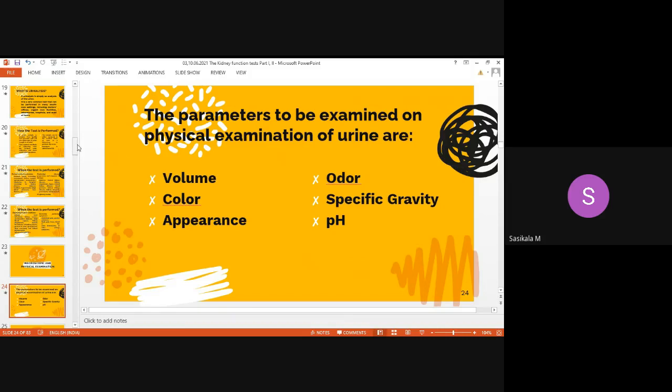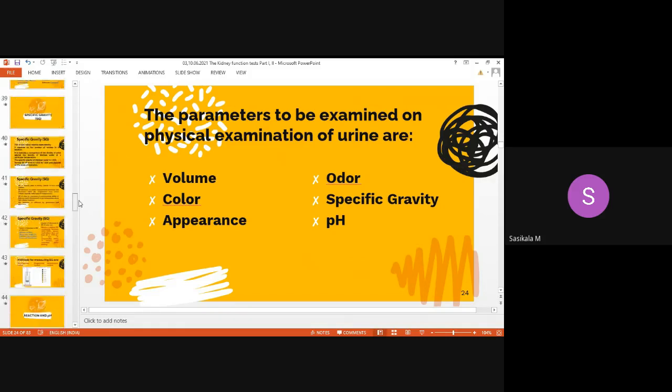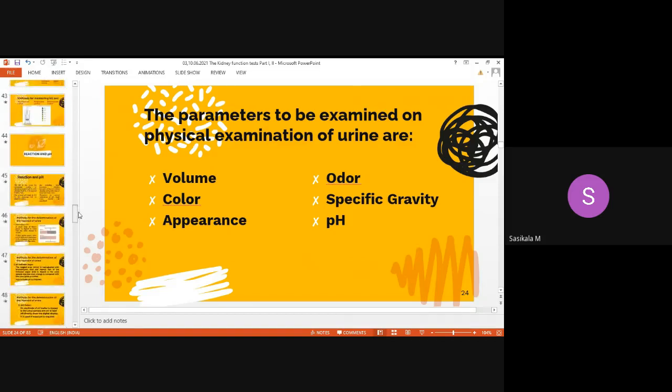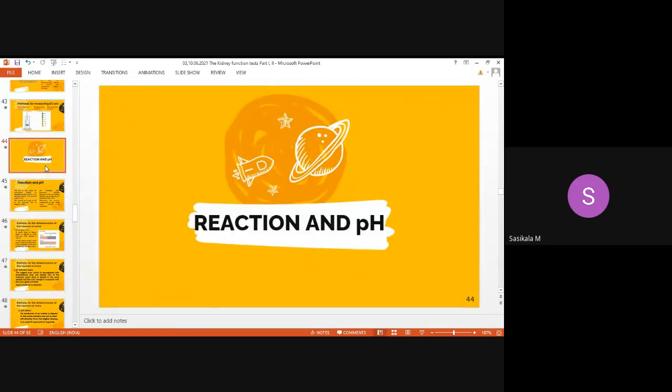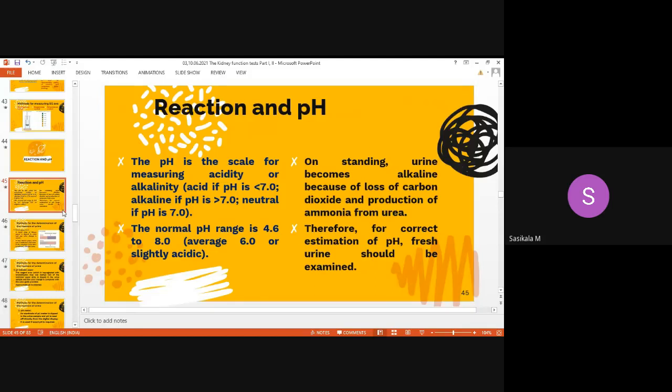Let's move on to the 6th parameter, reaction and pH: how we need to monitor pH and what disease condition it will indicate.